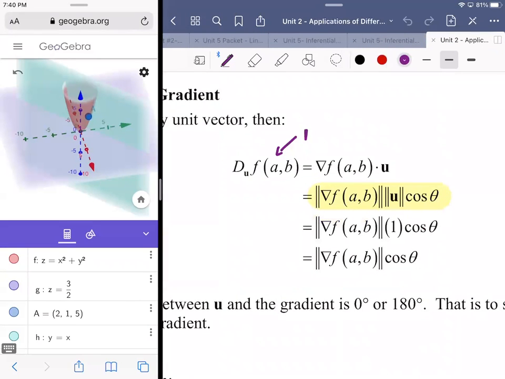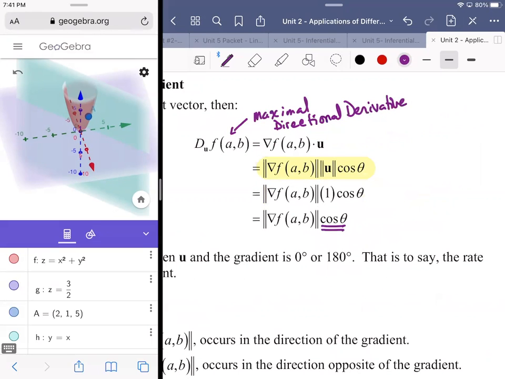All right, so the maximal directional derivative is going to be related to the magnitude of the gradient multiplied by the cosine of theta, only if cosine of theta gives the largest value.